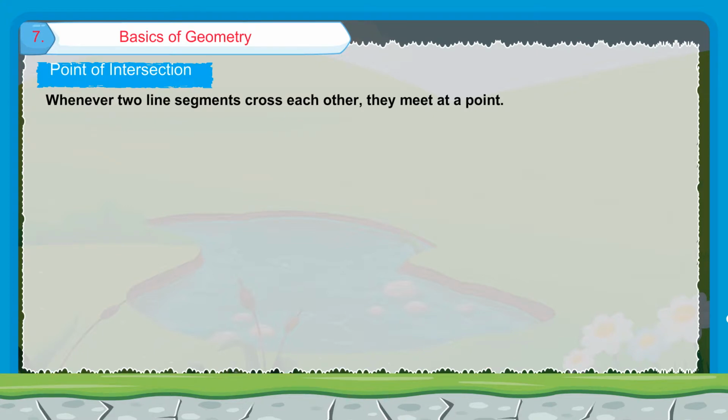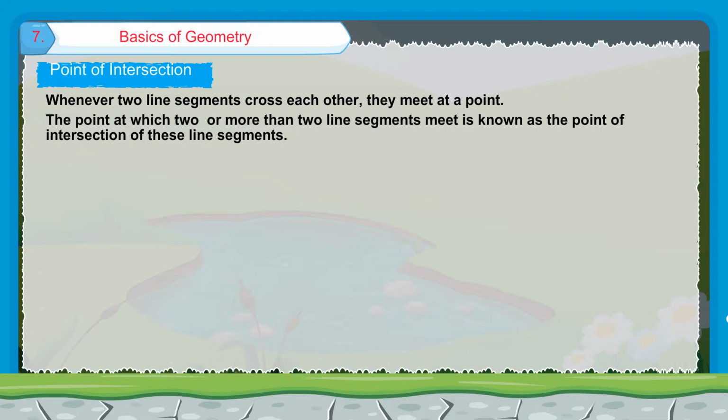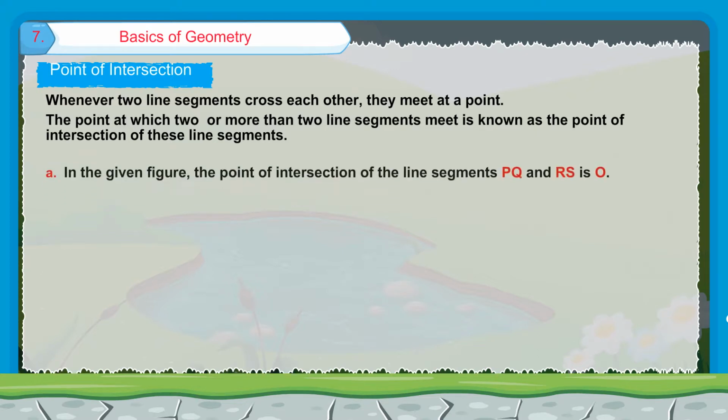Point of intersection. When two line segments cross each other, they meet at a point. The point at which two or more line segments meet is known as the point of intersection of these line segments.